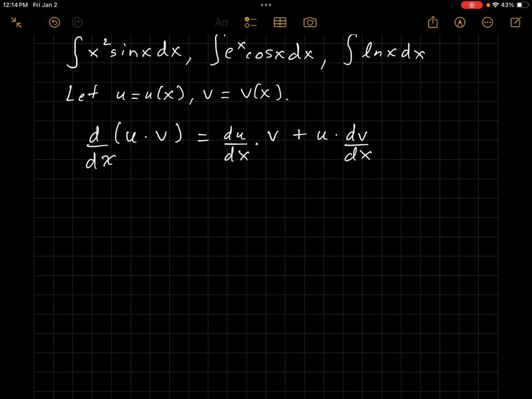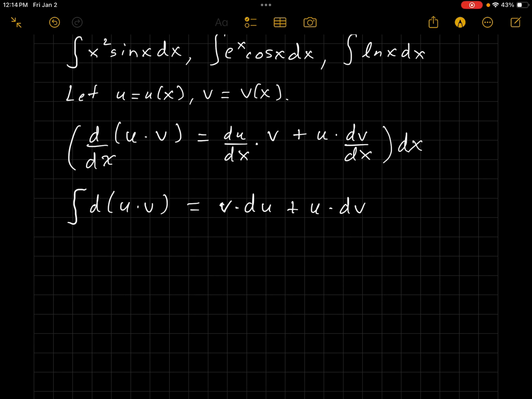Now, we can multiply everything by dx, which will leave us with d of uv equals, I'll rewrite this so it's a little prettier, v times du plus u times dv. Now, what if we were to integrate both sides? It seems kind of weird to do, because we just took the derivative, but let's do it anyways.